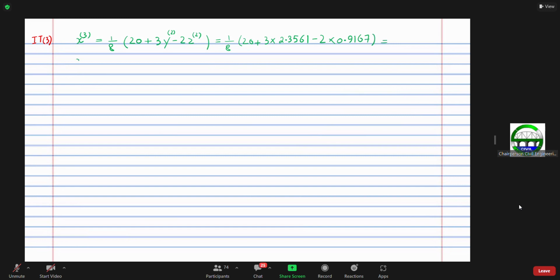Similarly, y third iteration will be equals to 1 over 11, 33 minus 4x second iteration minus z second iteration, and then z third is equals to 1 over 12, 35 minus 6x second iteration minus 3y second iteration.